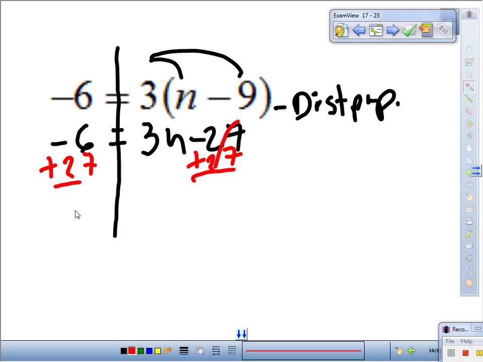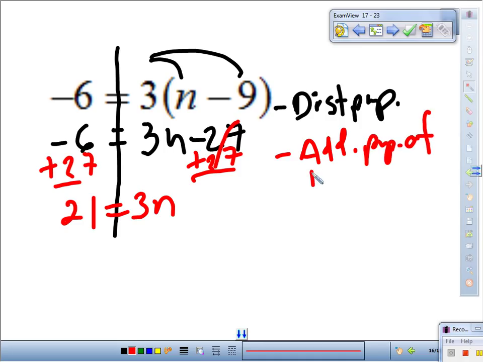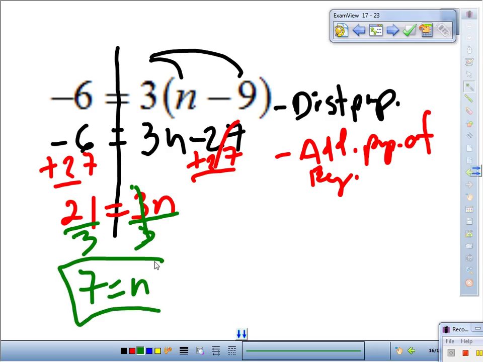We're left with 21 equals 3n. And what did we do there? We add, addition property of equality. And what do we do at the end? Divide by 3, divide by 3. We got 7 equals n. So there we did division property of equality.